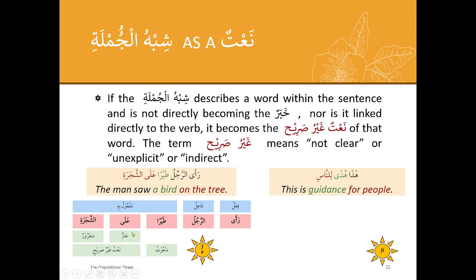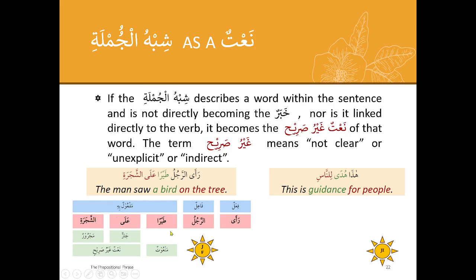So this is the one that is the direct connection. But we have things like this where, in terms of tarkib, this is your maf'ul bihi, and we're describing the bird. She's actually seeing the bird. This is the maf'ul. So when we do Irab, we say that this is Jar wa Majrur, muta'allaq to... and we would normally go back to ra'a, but this is not.